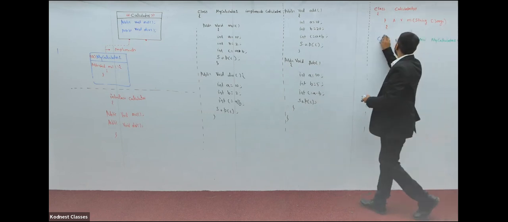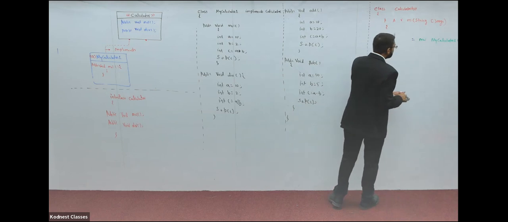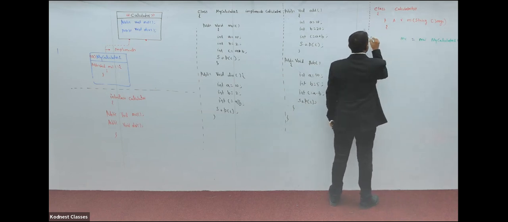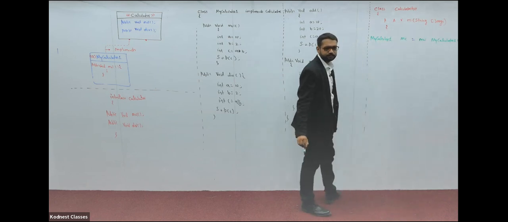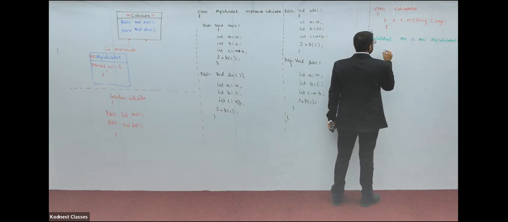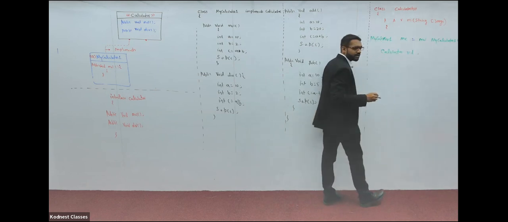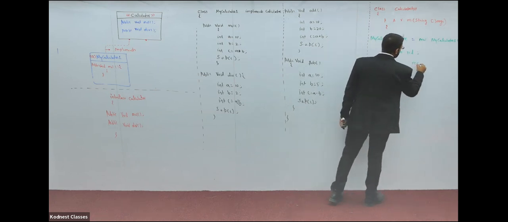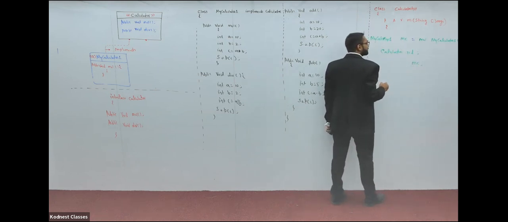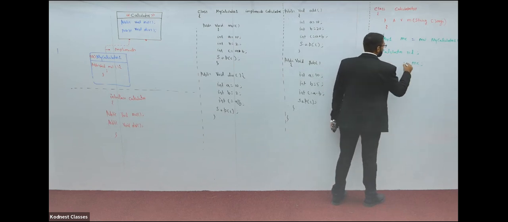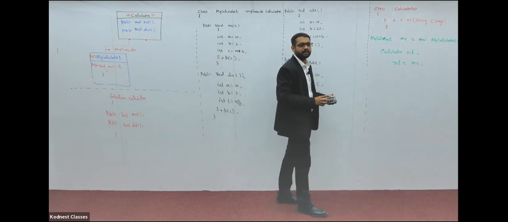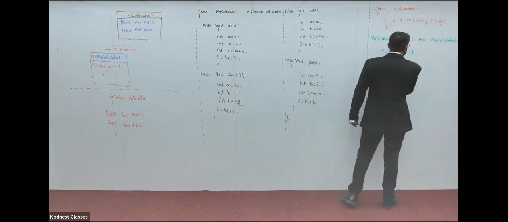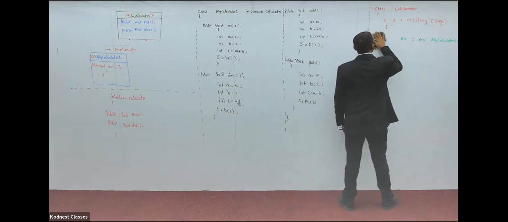This side I was collecting it in MC, which is of type my calculator 1. Then I would have told calculator type variable ref I need. Whatever is there in MC, what is there in MC? Address of my calculator 1. Give it to ref. Like this, I would have told 100 times. Now what I did? Why 3 lines? This can happen in 1 line only, like this.